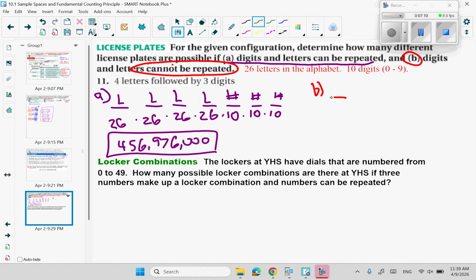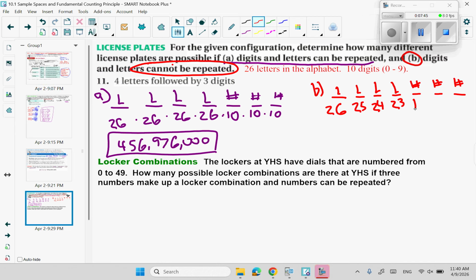Now part B says they cannot be repeated, but I still have the same number of letters. So I'm still going to have 4 letter spots and 3 number spots. Okay, I have 26 letters to pick from right away. Now, no matter what, a letter has to go there, which means I can't use that letter again. So how many other letters can I pick from? That would be 25 different letters. Well, now I have 2 letters that aren't the same there. So now I only have 24 letters to pick from, and now I only have 23 letters to pick from.